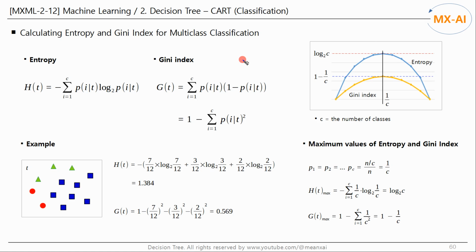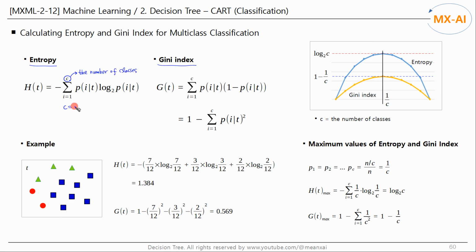Up to this point, we have focused on binary classification with 2 target classes. However, even when there are multiple classes, entropy and the Gini index can still be calculated using a generalized formula. In this formula, C represents the number of classes.